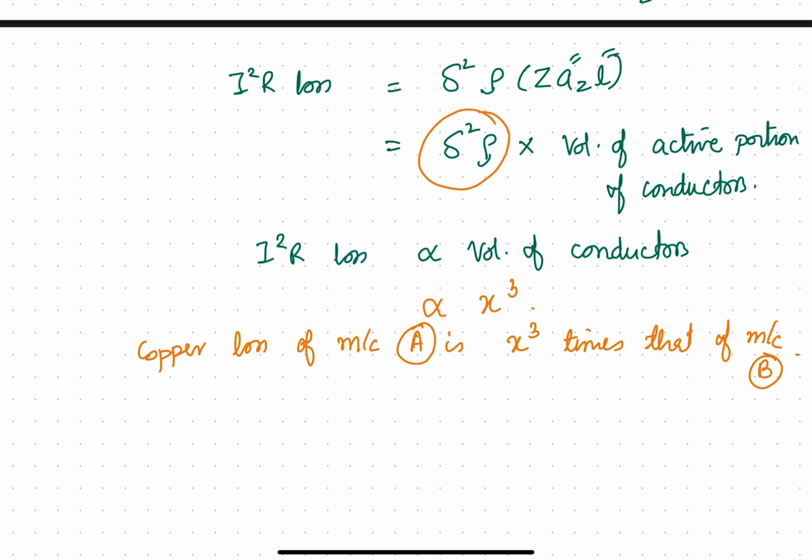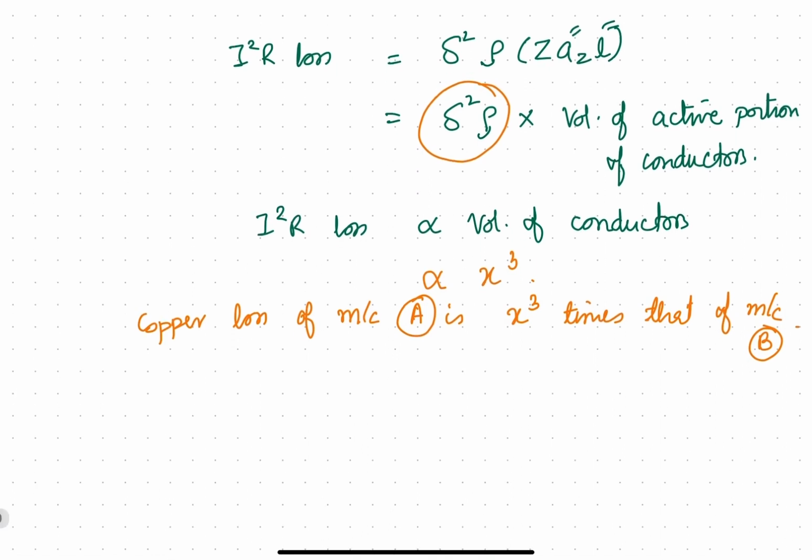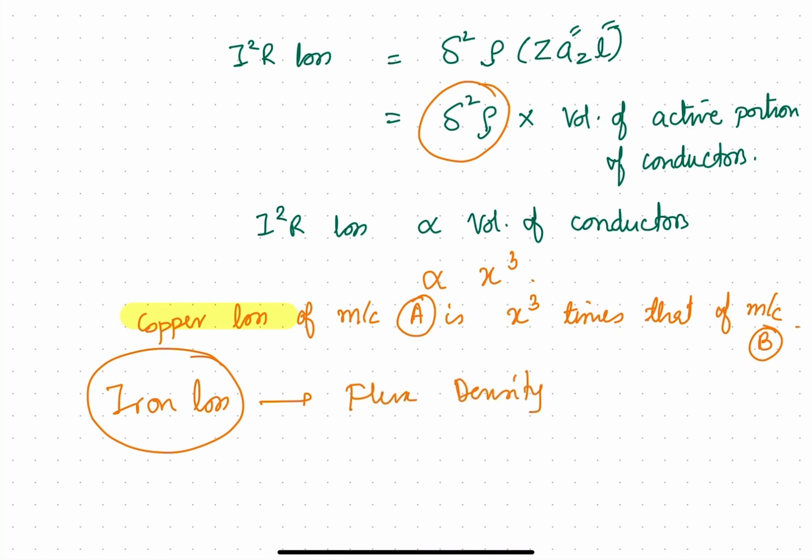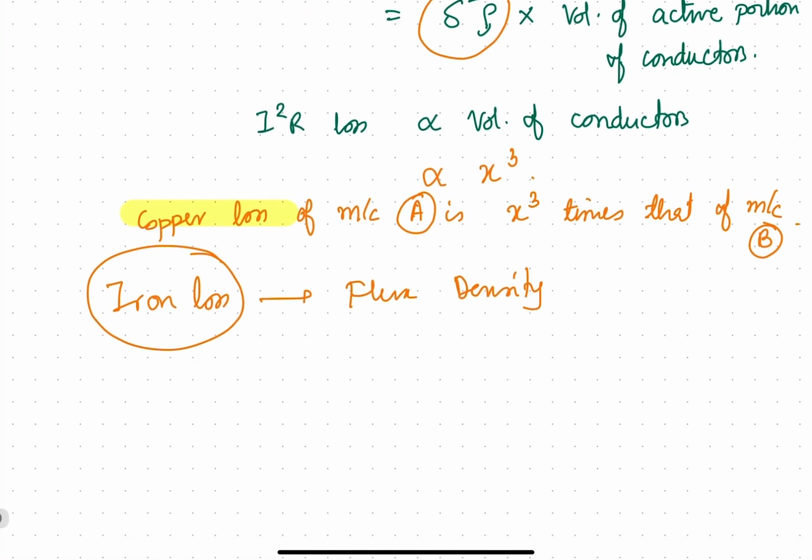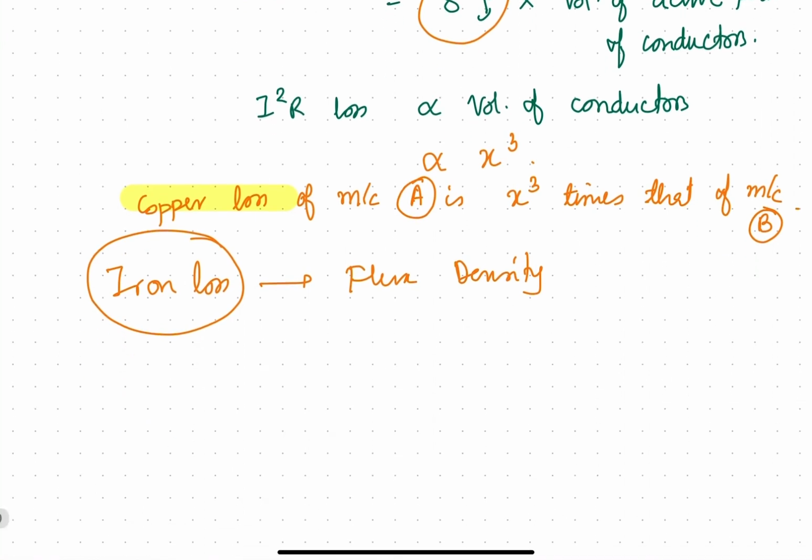Okay, so this is the copper loss. What is the other loss in the machine? The other loss is the iron loss. You must be aware that iron loss depends on the flux density. So if flux density is constant, there is no change in the iron loss. So what happens to the total loss?